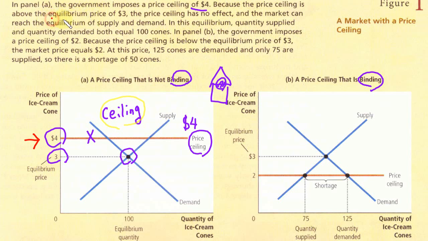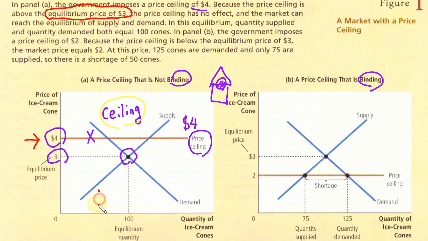The equilibrium price of $3 is the market price, which is naturally established without any compulsion, without any artificial arrangement. It is a natural price, established by supply and demand in the market. So the market can reach the equilibrium of supply and demand.